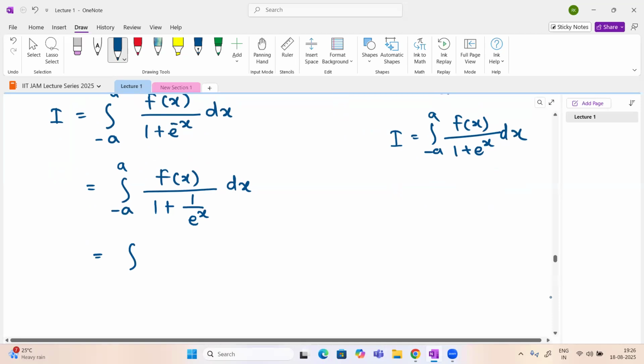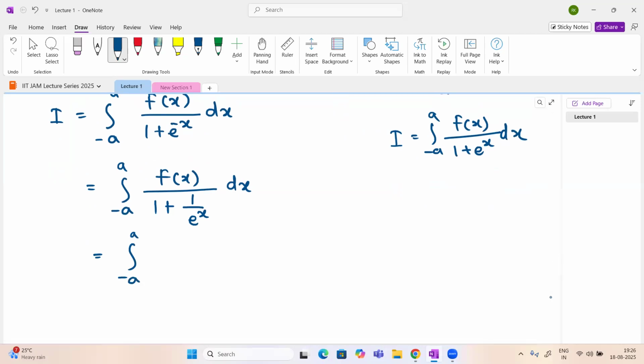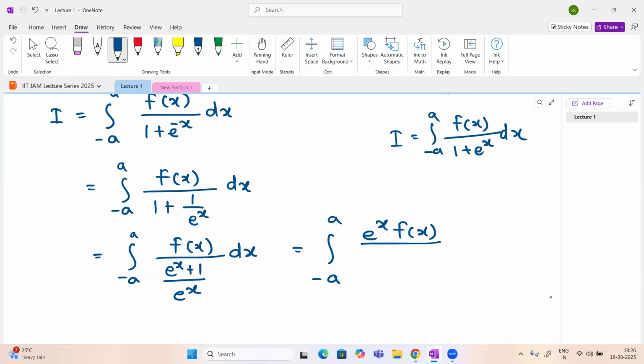What will I get if I cross multiply? e power x into f of x divided by e power x plus 1. That e raised to x is in the denominator of the denominator, so we can shift it to the numerator. So that means e raised to x f of x upon e raised to x plus 1. All of you agree with me? So this is the value of I.